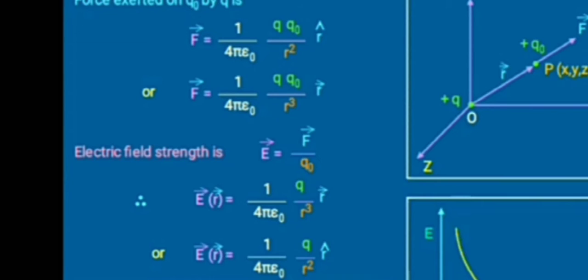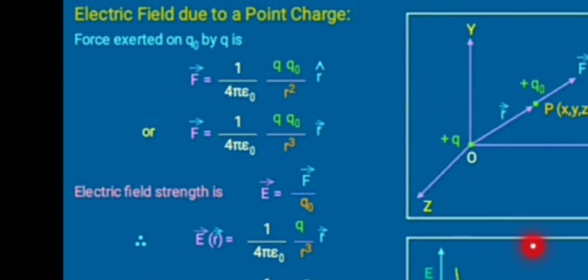Let us discuss the variation of electric field intensity with respect to R square. E depends upon R square. Hence, if we plot a graph of electric field intensity against R, at R equal to 0, E is infinity, and as R goes to infinity, E will become 0.